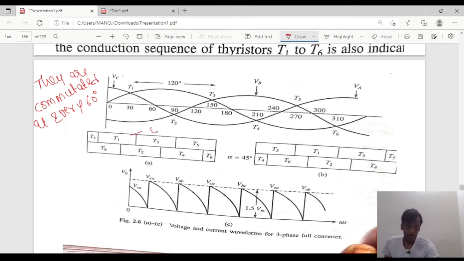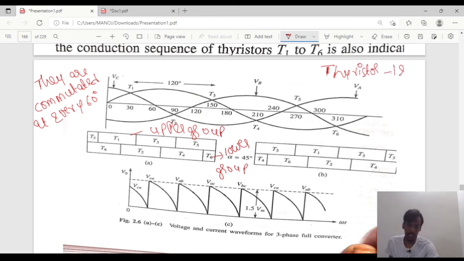So this is the upper group and this is the lower group. Each SCR will conduct for 120 degrees at any time.